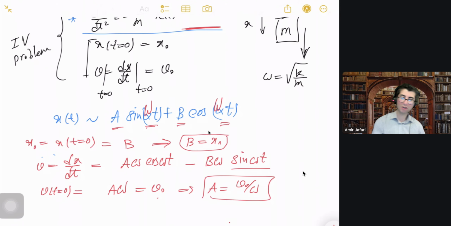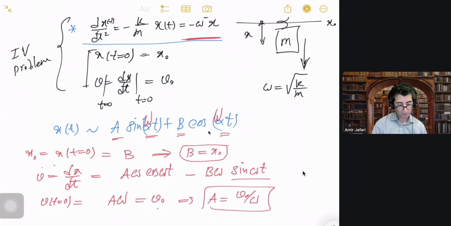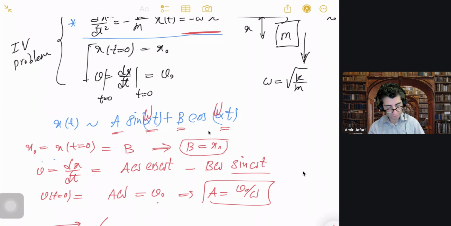So if you have initial conditions, which you should in order to solve a differential equation, you know the solution. The solution is, well, x equals V0 over omega sine omega t plus x0 cosine omega t.